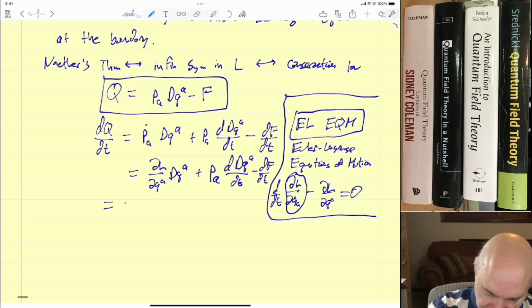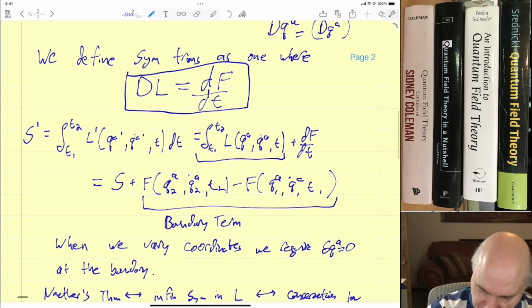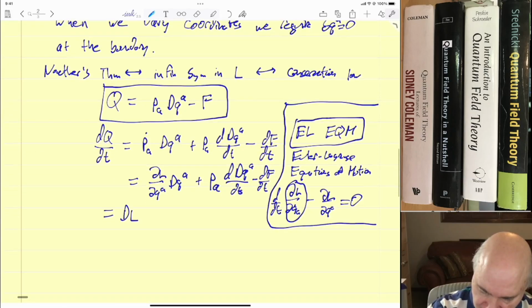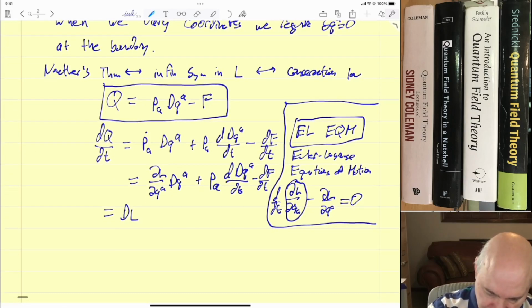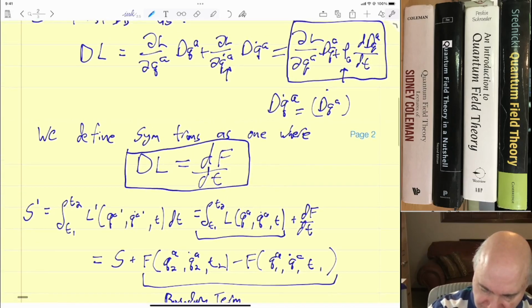And this is equal to delta L, because if we go back to our definition of delta L, which I calculated above, I boxed that, partial L with respect to QA delta QA plus PA d delta QA/dt. So the first two terms here are delta L minus dF/dt. And this is equal to 0, because we defined a symmetry by delta L equals dF/dt.